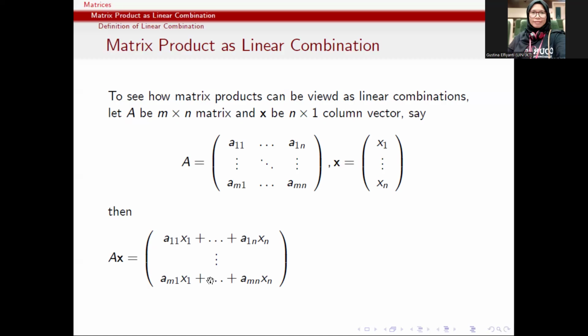It is a matrix of m by 1. And we can write the multiplication as a linear combination of the column vectors of A.